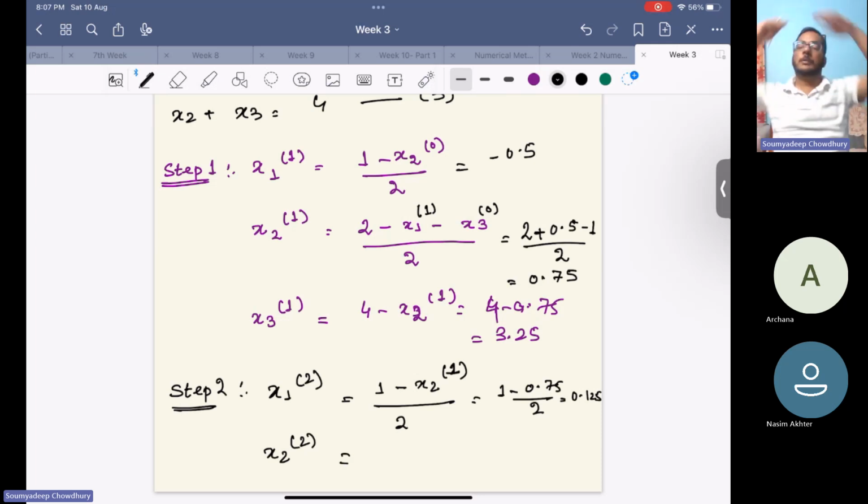What is x2 of 2? Can you tell anyone? Are you getting it, or should I explain it once again? No, sir. It's clear, no? Then tell me what is x2 of 2.